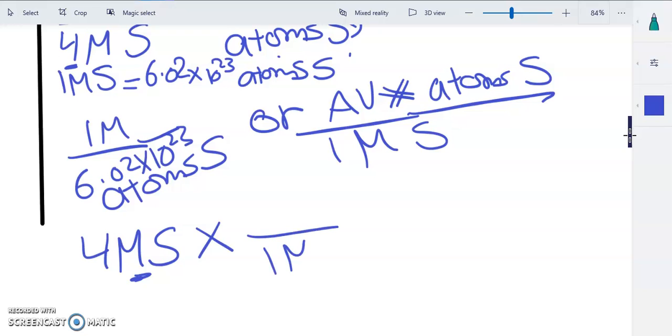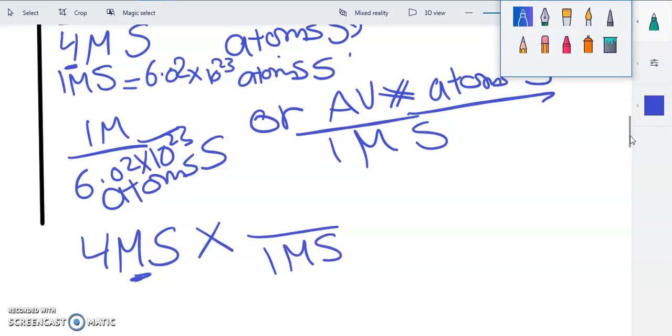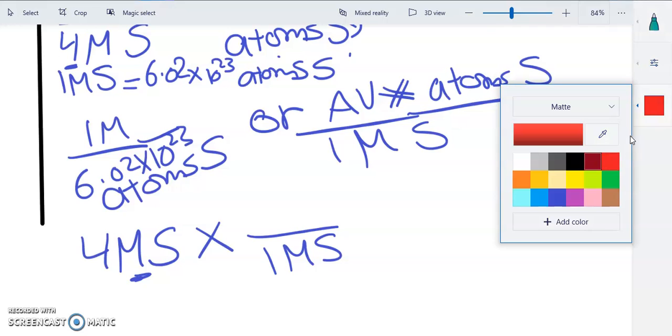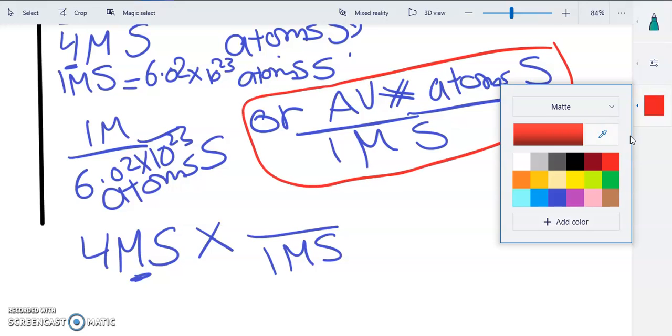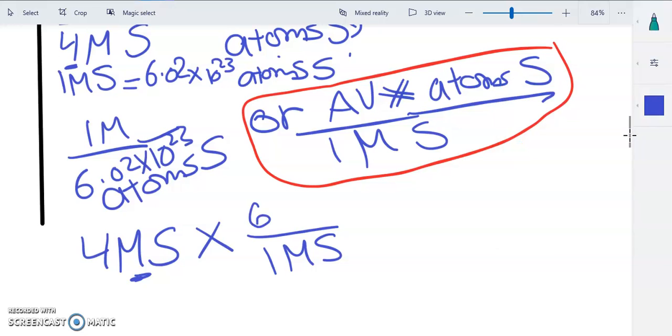So we will have number 2 here: 6.02 times 10 to the power 23 atoms S.